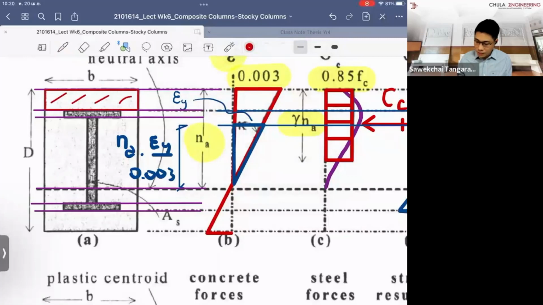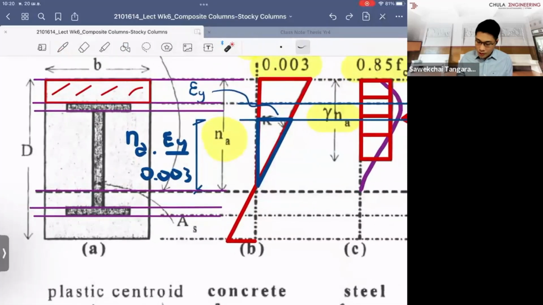So that can give you the force according to these areas times the stress, which is 0.85 times f'c. When it comes to the flange part of the steel, the area of the concrete will be left with only this small piece.